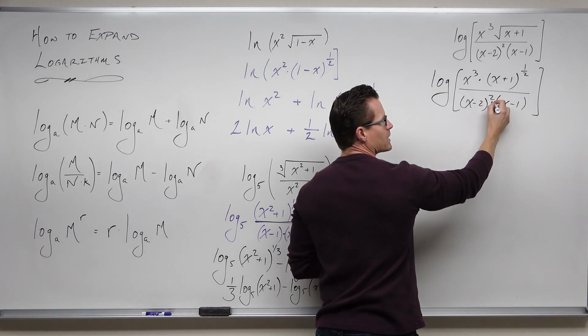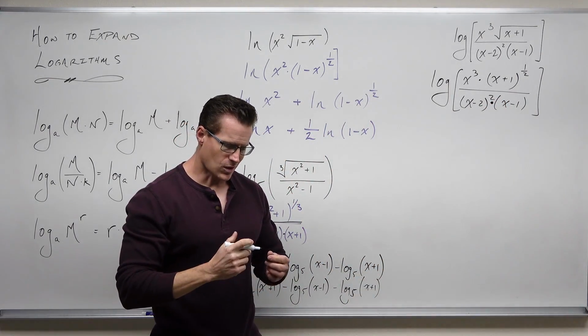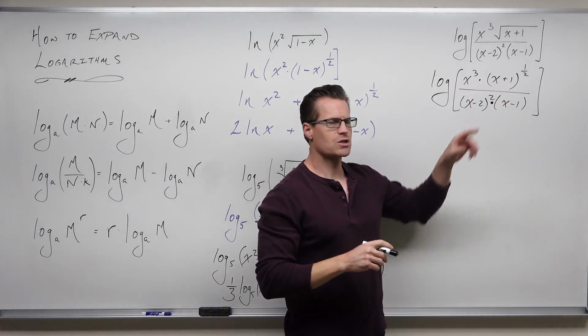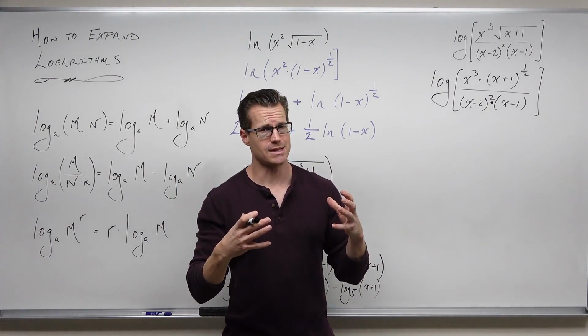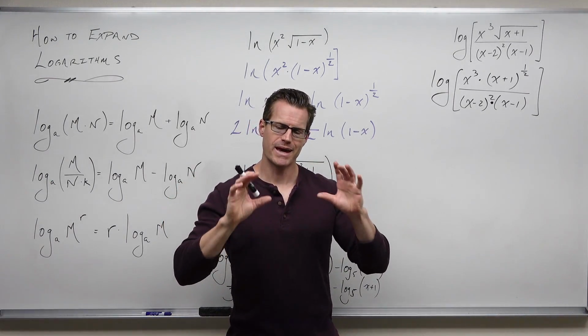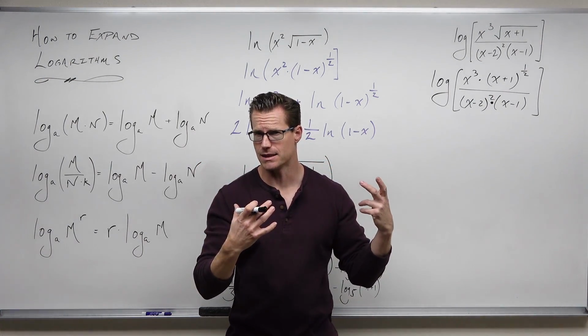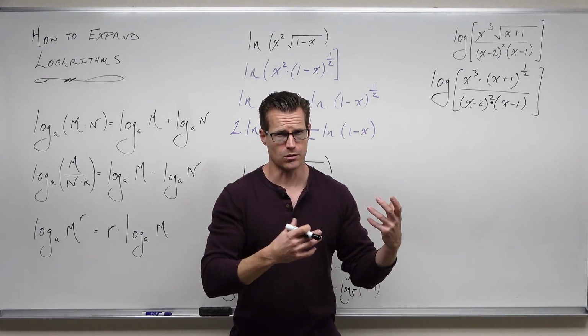The quotient we can clearly see. So then we look, and this is the most important part, just look at the operations that are connecting this argument. Because these exponents are just on these individual factors, it's multiplication and division that's holding this together. Well, we're going to separate that first. Every factor on the numerator is going to create positive logs or logs that are added together. Every factor in the denominator, we're going to separate those by subtracted logarithms.